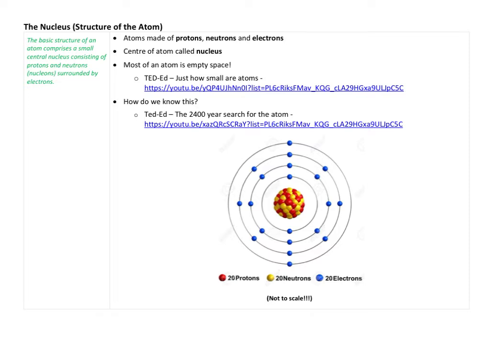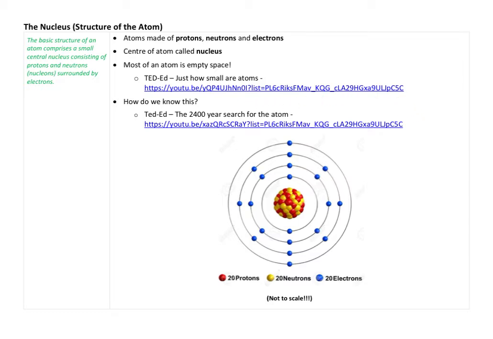If you haven't already, go and look at this video here. What is also really important to know is how we know this. How have we been able to develop this idea of what the structure of the atom is? There are some questions on this in the book when you get to those, so if you haven't already, go and watch this video here.